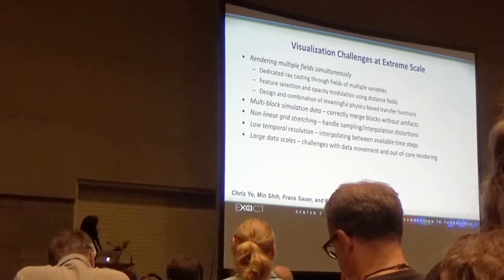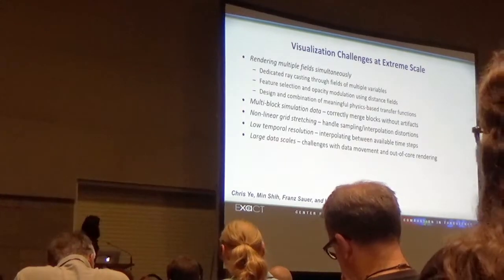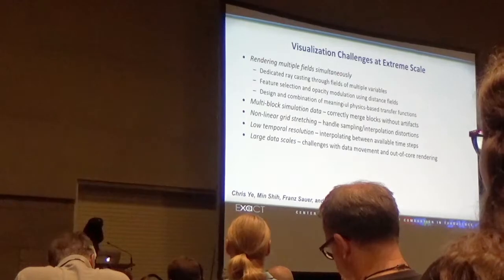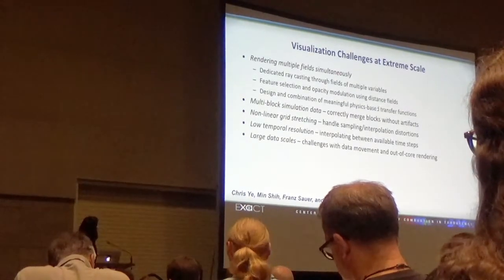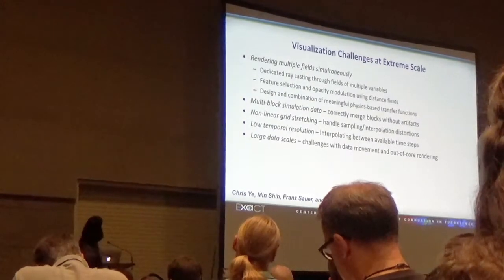In that way, the turbulence and the mixing doesn't obscure the actual reaction front, which is the focus of the work. And then we want to use our knowledge about the physics to help guide the definition of meaningful transfer functions that are physics-based.